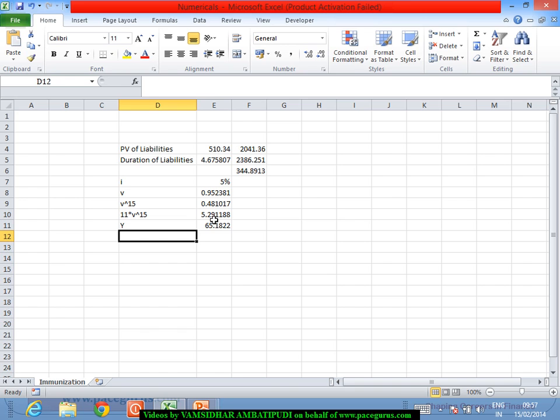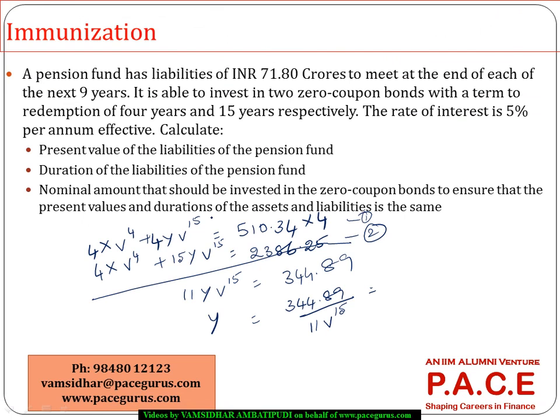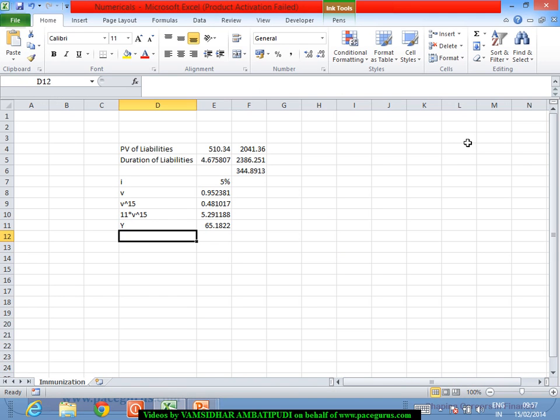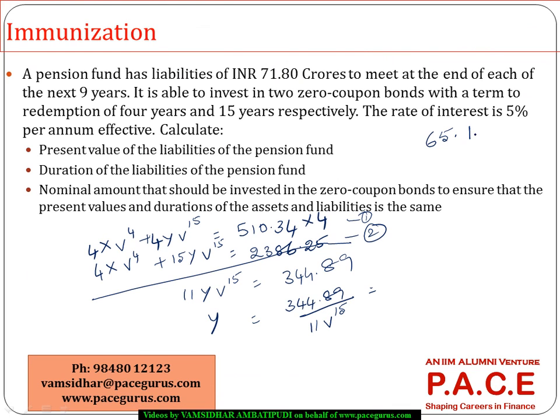So y is saying you invest 65.18. The amount that needs to be invested in the 15-year fund, we go with a nominal value, face value of 65.18 in a 15-year zero coupon bond.